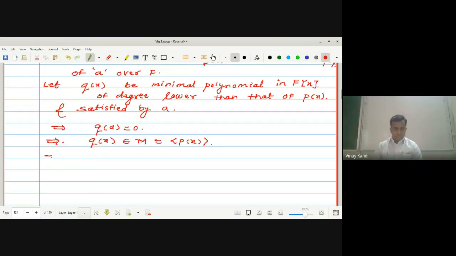So this implies Q of x, if Q of x belongs to M and the ideal M is generated by the polynomial P of x, then we have Q of x is equal to P of x into some polynomial M of x, where this M of x belongs to capital F of x.